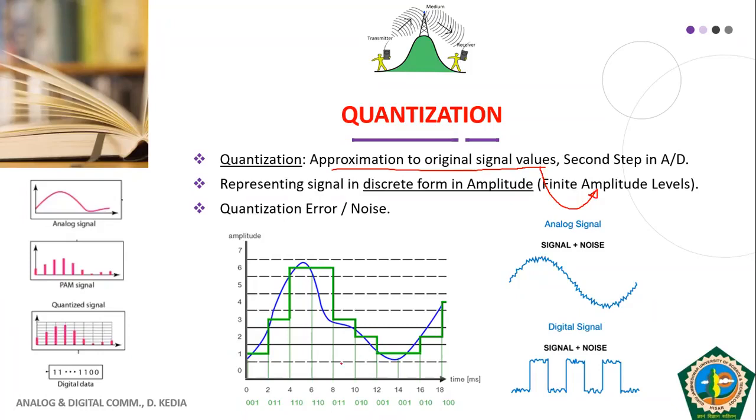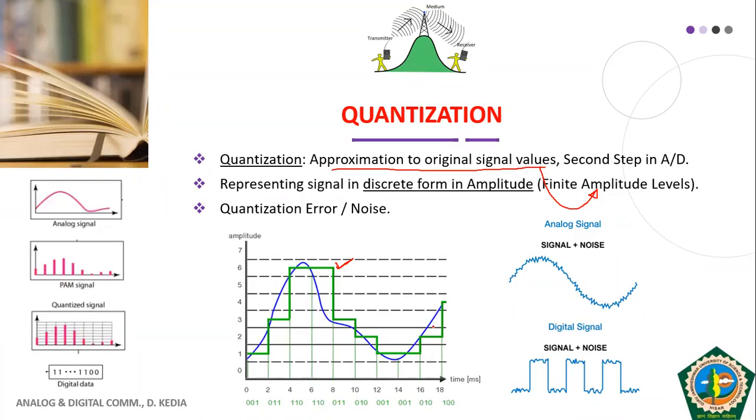I already told you that this signal range has been divided into 7 or 8 voltage levels, so only those 8 voltage values are possible after quantization, though in the original signal there were an infinite number of values. After quantization, this green colored signal has only 7 or 8 values present.